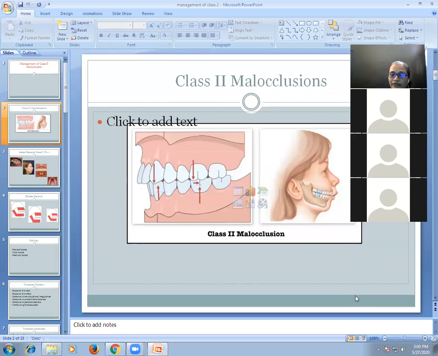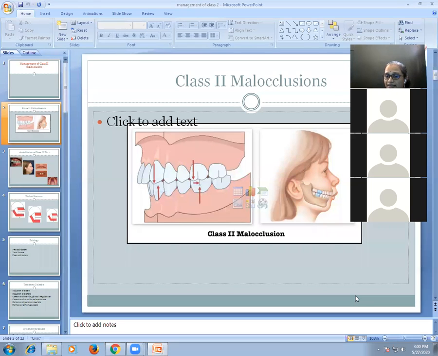So basically, when you see a class 2 malocclusion, the patient will be exhibiting class 2 molar relationship, then proclination of upper incisors or maxillary prognathism, and mandibular retrognathism. There could be proclined lower anteriors also. There could be crowding, spacing. In profile, there will be no lip seal.